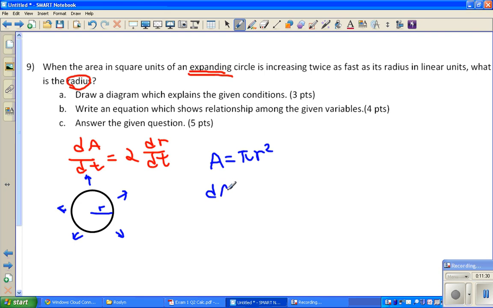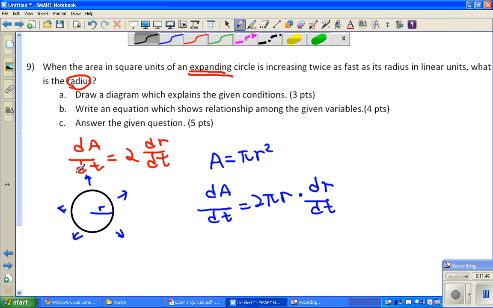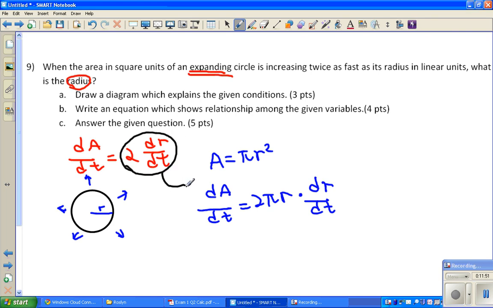In other words, dA/dt would be equal to 2 pi r by the power rule, but by the chain rule we have dr/dt. But do you remember that we mentioned that dA/dt is in fact 2 times dr/dt? Hence, if you plug that in here, we end up getting 2 times dr/dt, which is equal to 2 pi r times dr/dt.